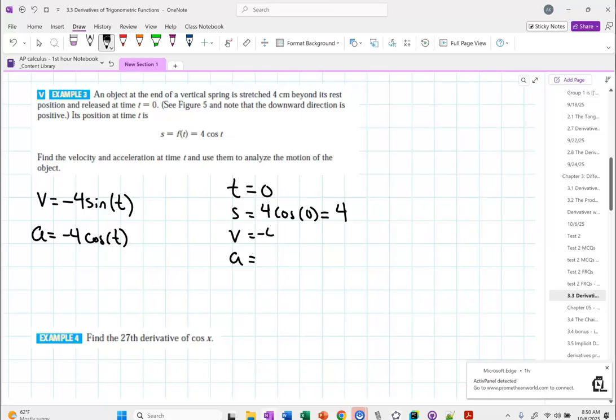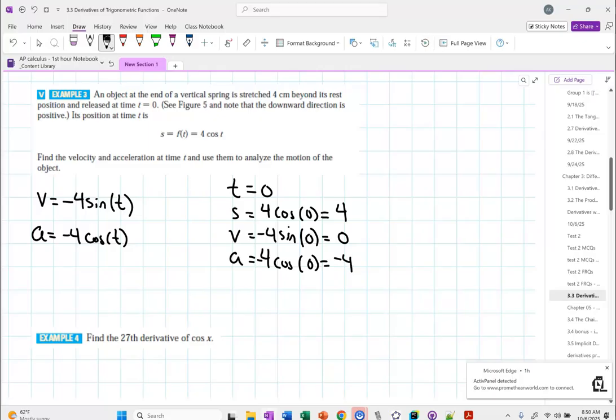Velocity is going to be negative 4 sine 0. That's 0. Sine of 0 is 0. And the acceleration is negative 4 cosine 0, which is negative 4.